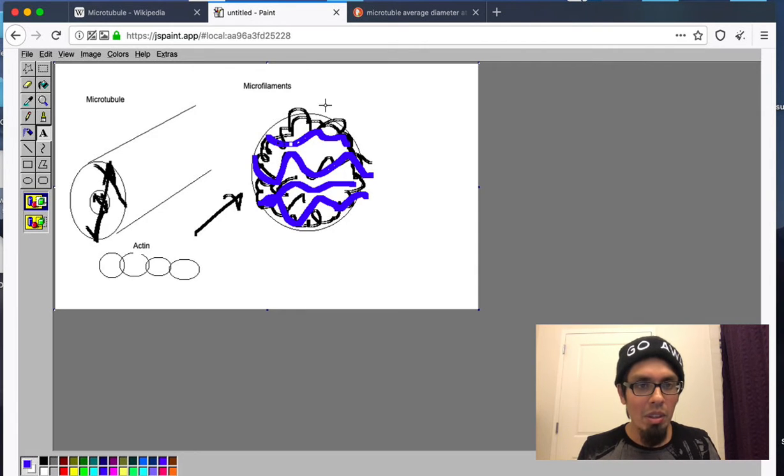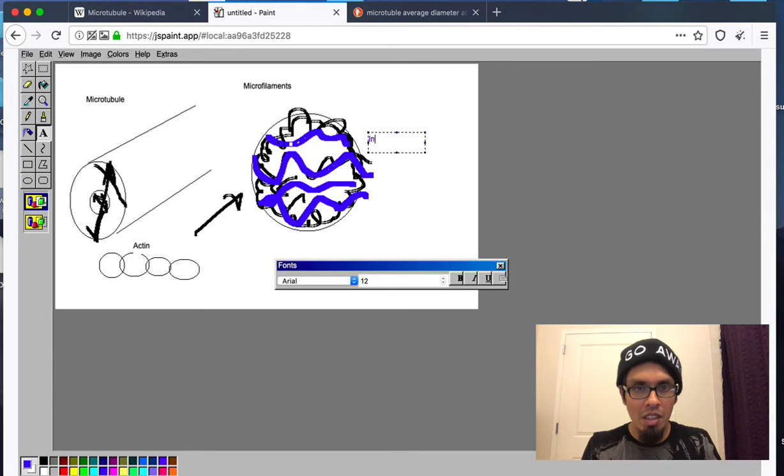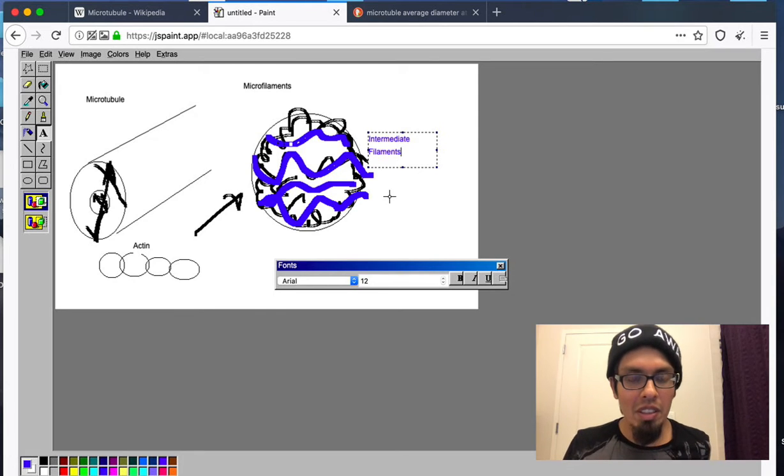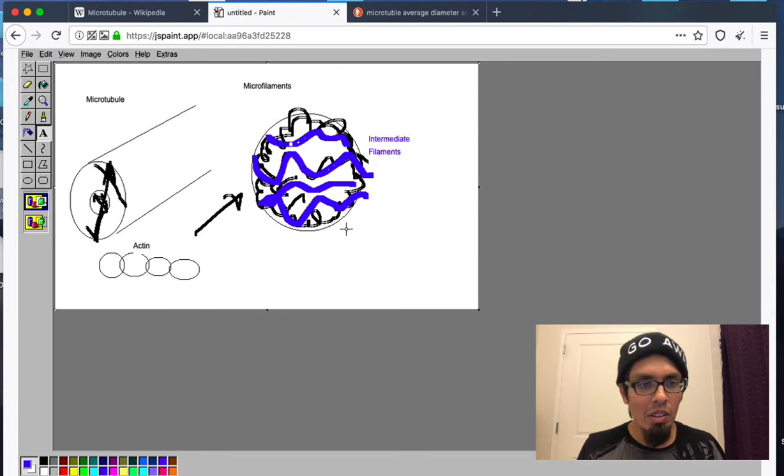Okay, so remember compressive forces for microfilaments, and resistance to tensile forces for intermediate filaments. And remember, all of these are composed of different things.